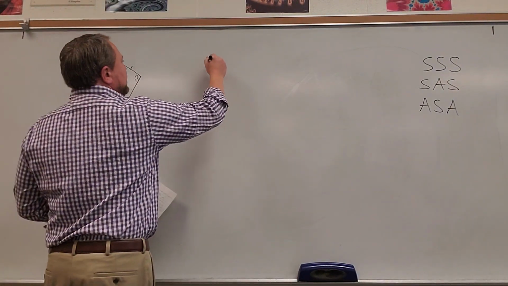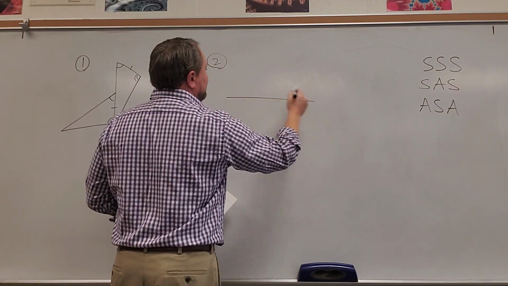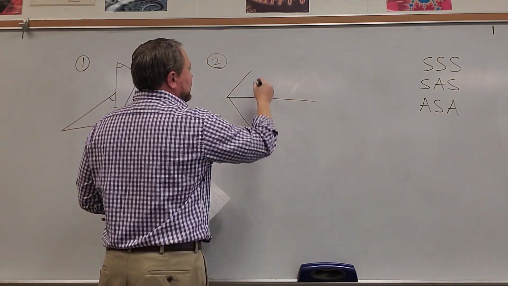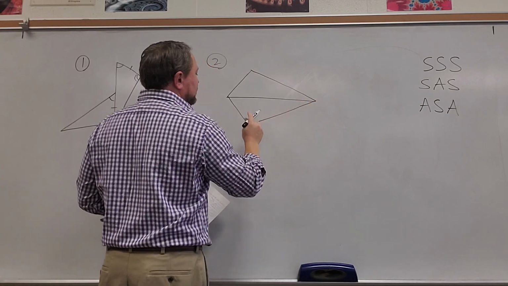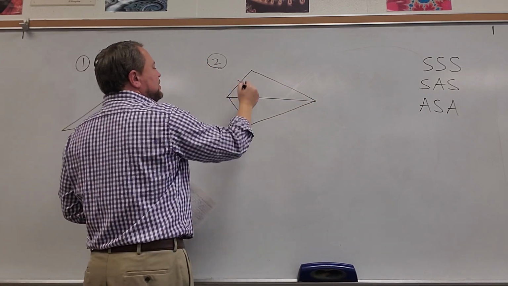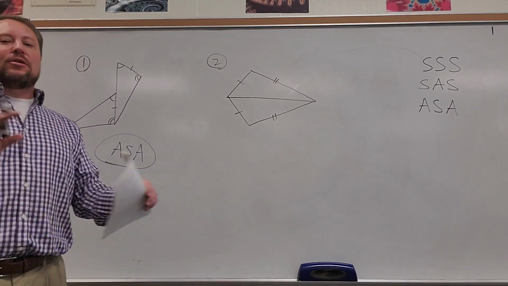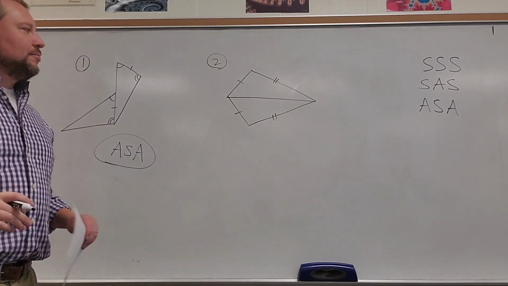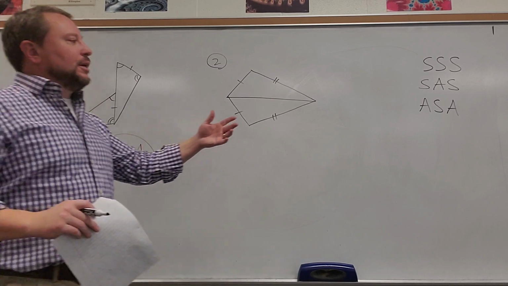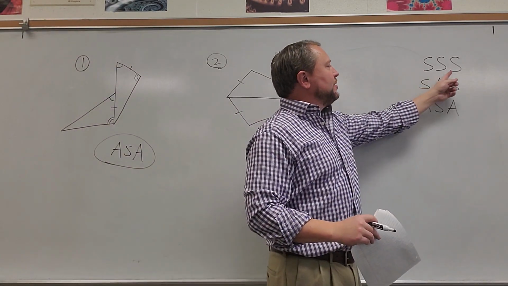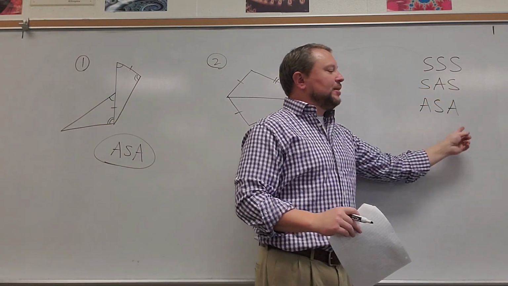All right, so here's another example. In this one, let's say we know that this side is congruent to this and that side congruent to that, and let's say that's all they give us. Now, normally these shortcuts require three parts: SSS, SAS, ASA.